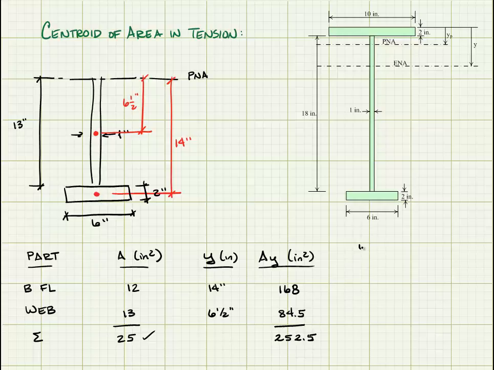So calculating the geometric centroid here, y bar is equal to the sum of YA over the sum of A. I have 252.5 cubic inches divided by 25 square inches, which gives me a length of 10.1 inches, and this is measured downwards from the plastic neutral axis.